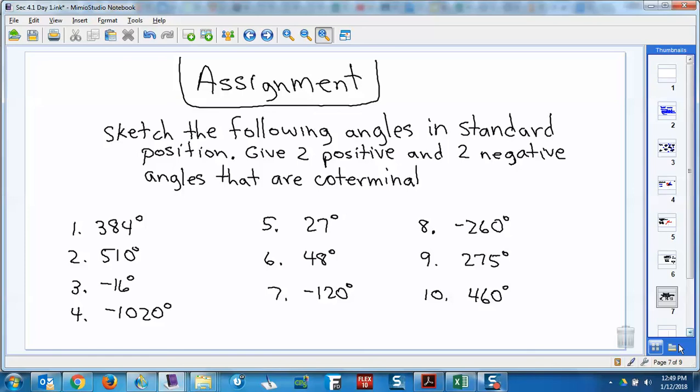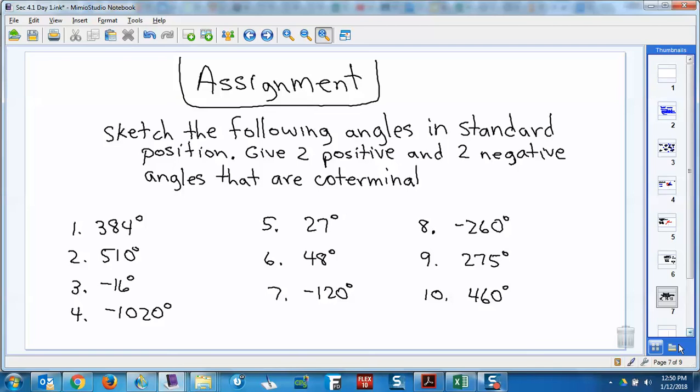Just get in the ballpark, in the right quadrant for sure, but also which axis it is closer to. 27 degrees is definitely closer to 0 than it is to 90. So put it in roughly where it would be, and then write down 2 positive and 2 negative angles coterminal to that, like we just did, which is essentially add 360, add 360, take away 360, take away 360.